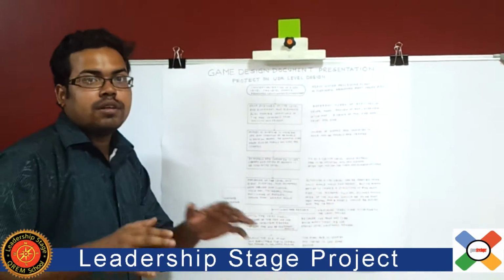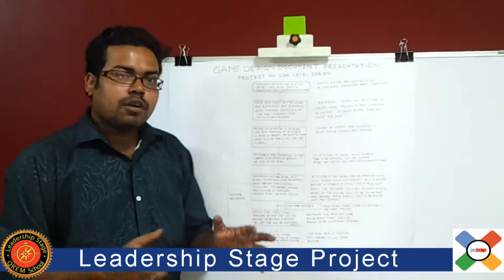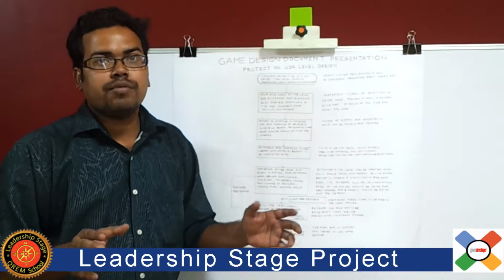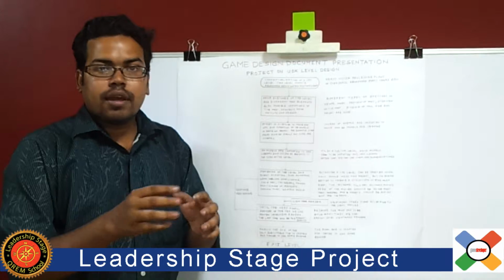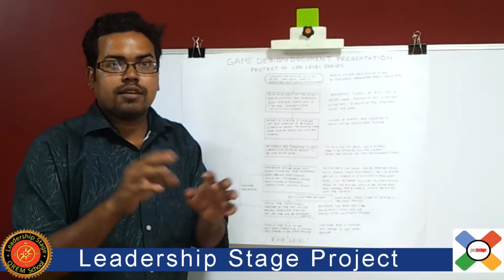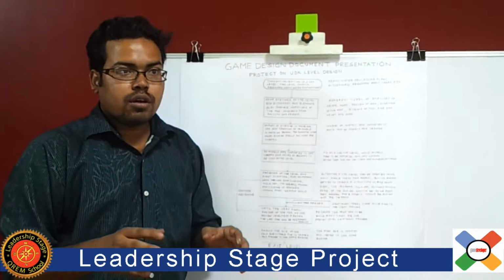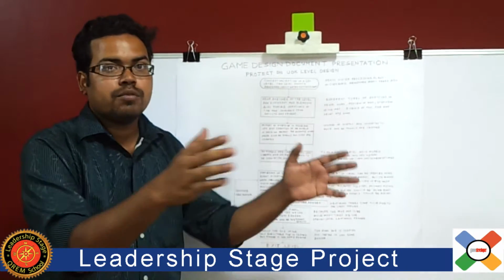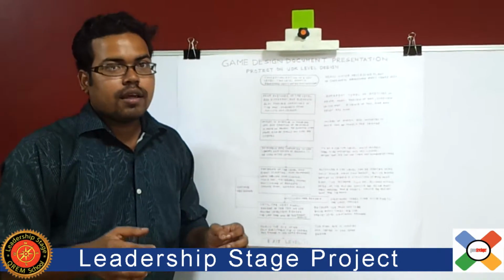Then comes the actual creation of the level. It's always a better idea to create a skeleton or a basic structure of a level, and then use meshes and assets on top of it. It gives you an idea of the extent of the map which will be created.